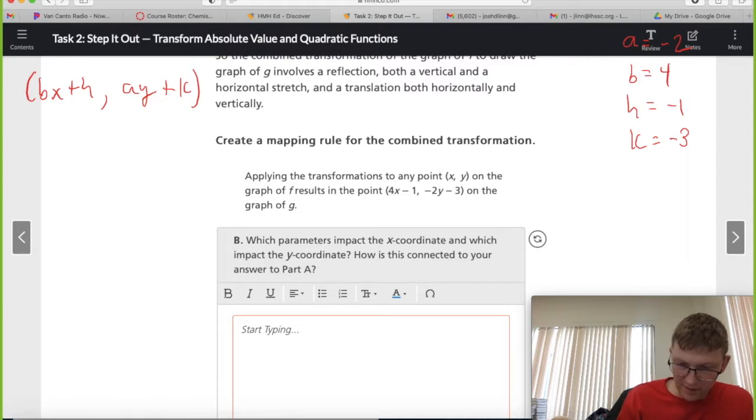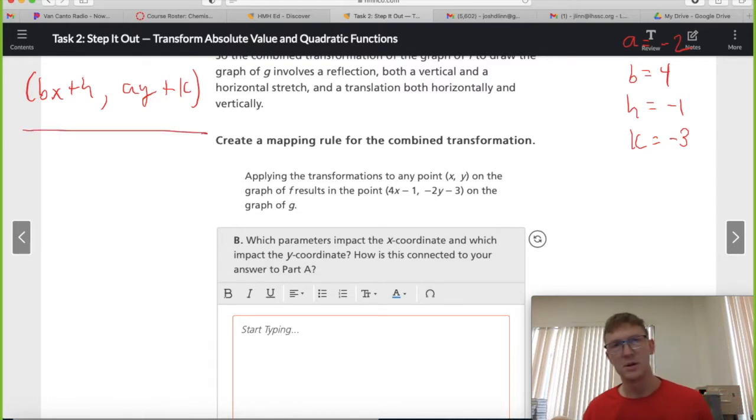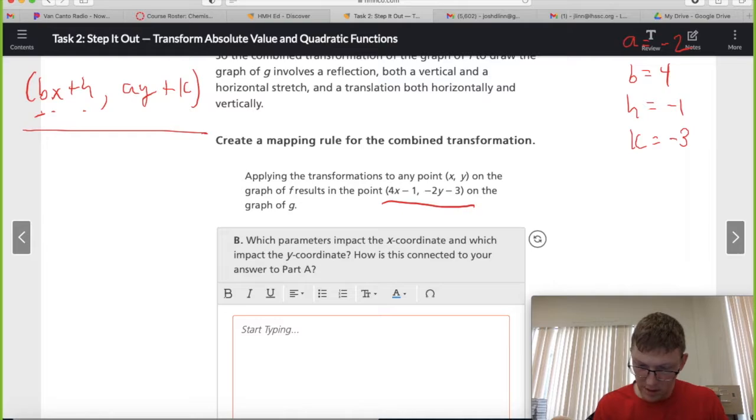So this is always true, and you can always use that to transform your points. You'll see that this follows that as well. So b is 4x, minus h is -1, a is -2, and then plus k is -3. So that's where they got that from.